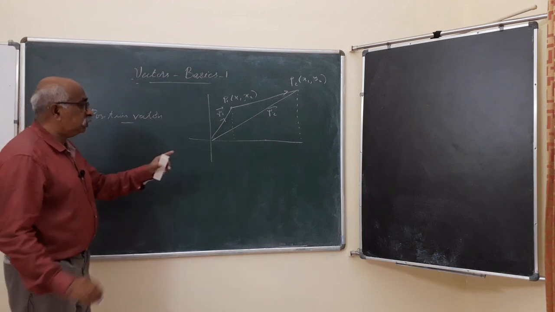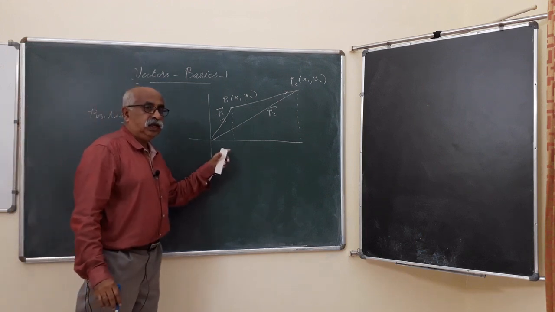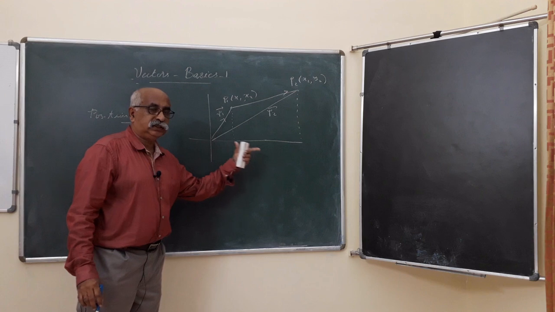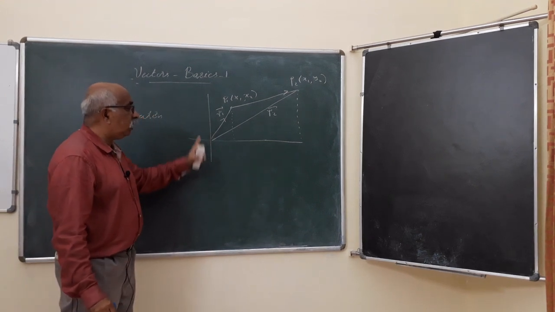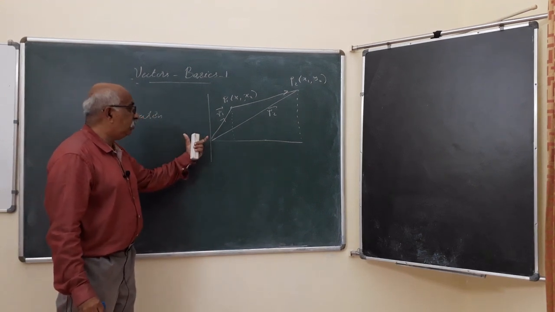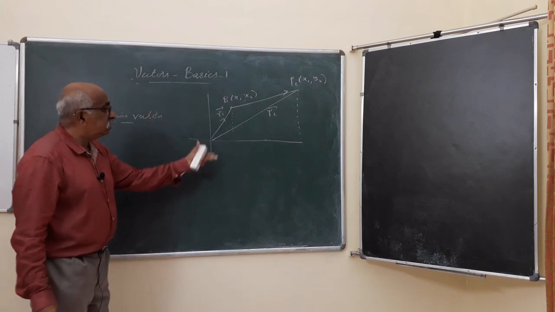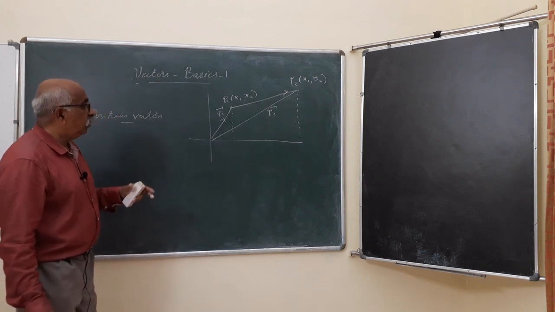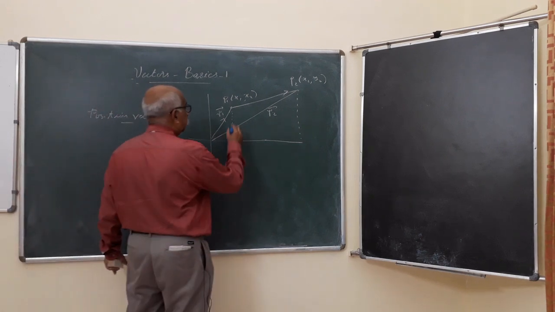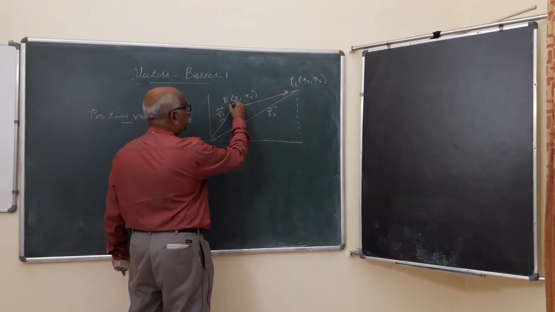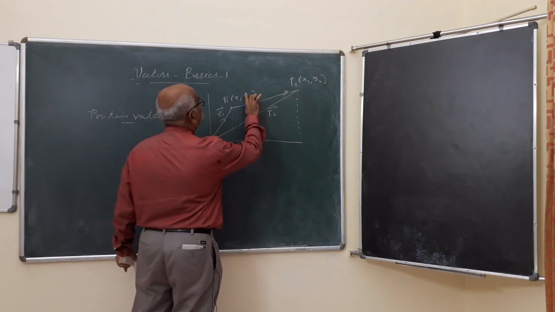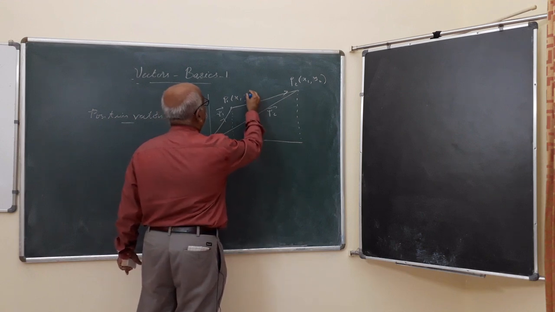Their directions are fixed. i vector is parallel to the x-axis, j vector is parallel to the y-axis, and k vector is parallel to the z-axis. In this two-dimensional case that we are discussing, you can see that the coordinates of these points are x1, y1.